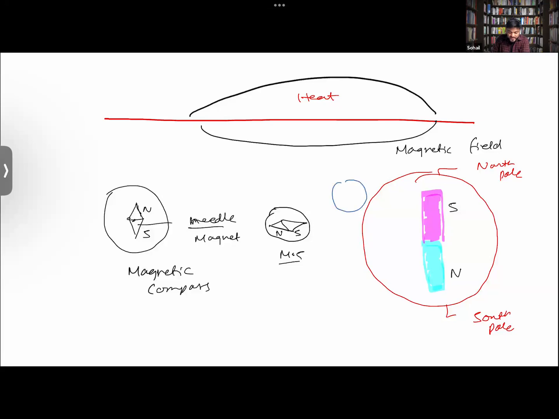I will notice that the north pole of the magnetic needle will get attracted towards the south pole, and the south pole will get attracted towards the north pole of the Earth. So earlier it was like this. Now suppose I am holding this magnetic compass on the moon. But now, when I am holding it on Earth, the needle will align itself like this. Are you able to grasp this?